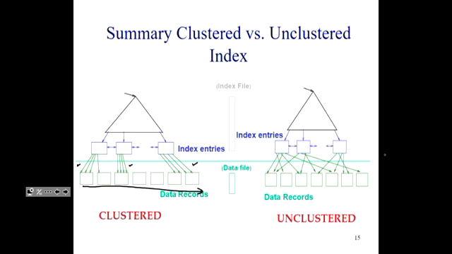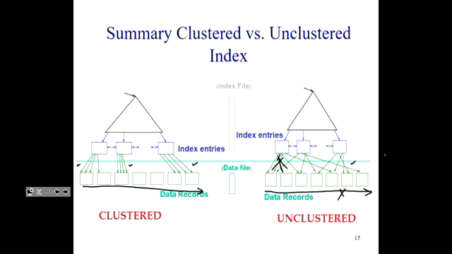On the other hand, in the unclustered case, these data blocks are not in any particular sequence, so the pointers can be going in any and all directions, right? You could have a record corresponding to one given value here, here, and here, while the next value could have a record here, and so on. There's no given ordering to the records in the unclustered case, so the pointers are in some sense flying in all directions.